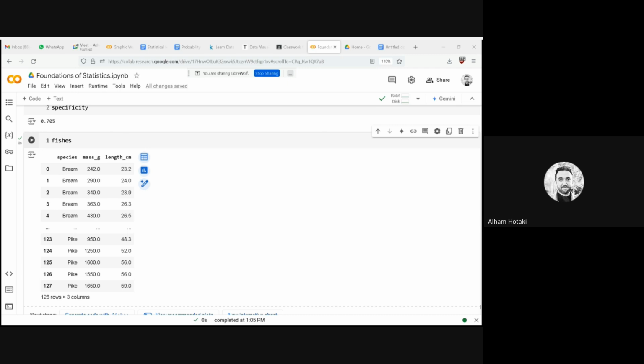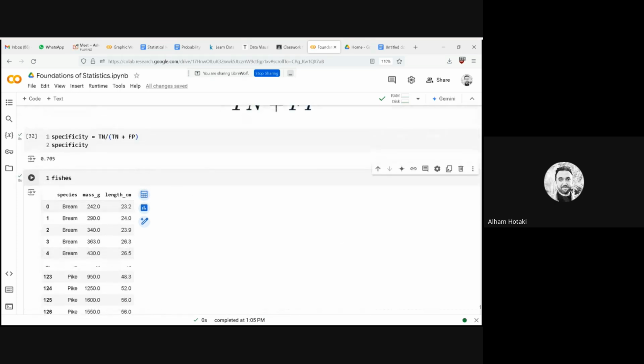We have length, we have height, but we don't have. So this is the fishes. I think this is not the sufficient one. We have to find the sufficient one.